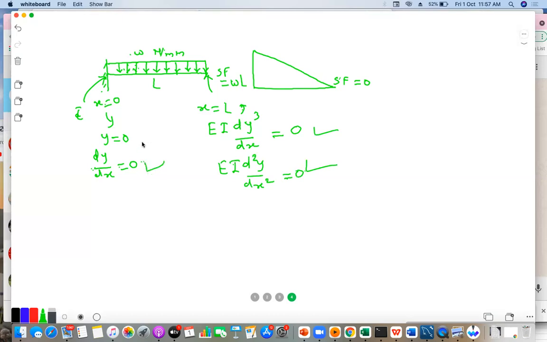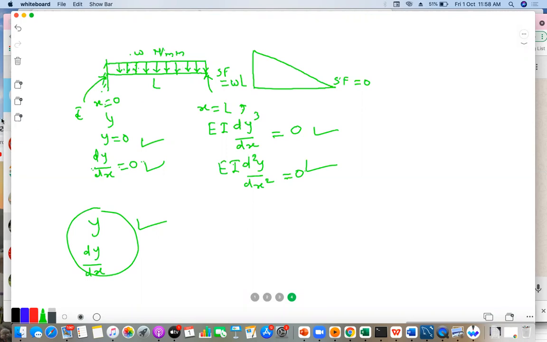All these conditions are called as boundary condition, and all this we know. Now, with the help of boundary conditions, I can solve these differential equations to find the unknowns. And what are the unknowns? Unknowns will be y at any location, right? Slope at any location. By solving this differential equation, I can put these conditions and I can find y at any location, dy by dx at any location. Okay, so those are the boundary conditions.